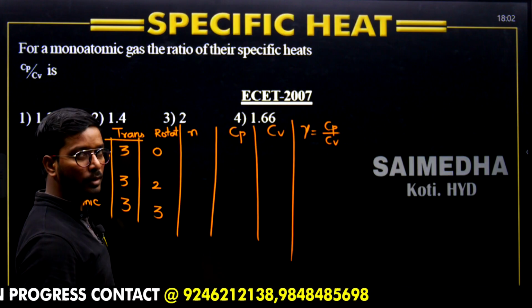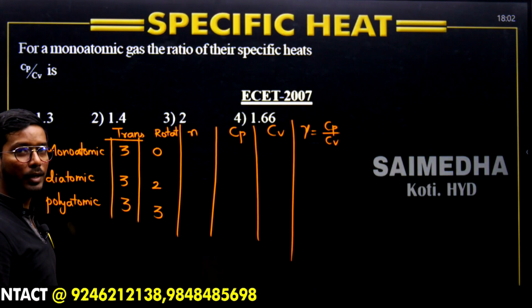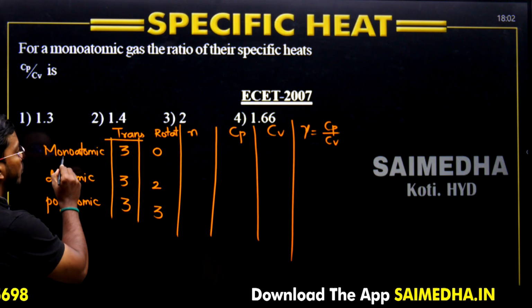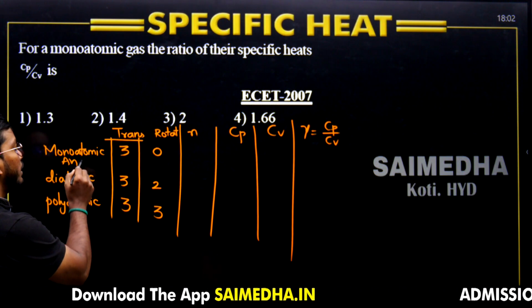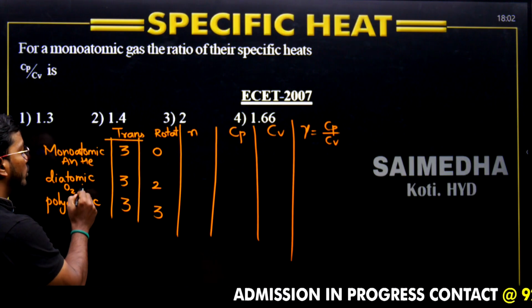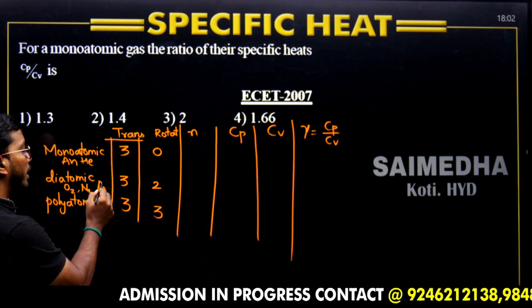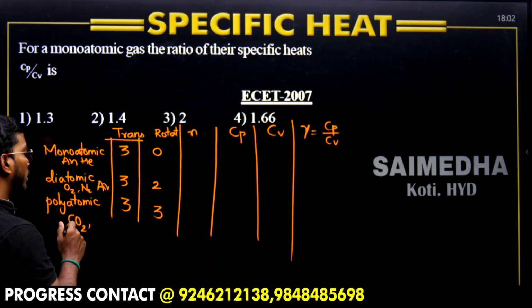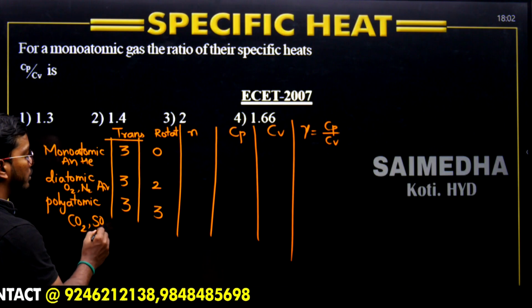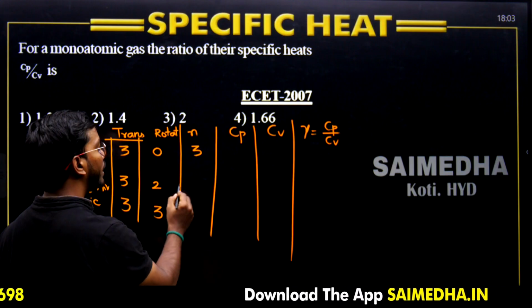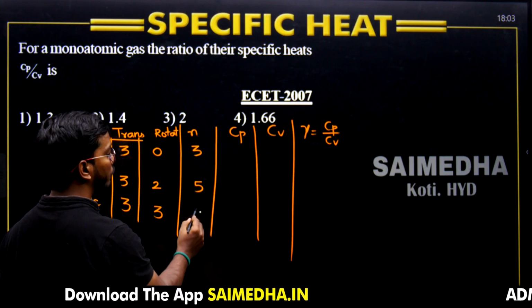Okay, there are 3 translational degrees of freedom irrespective of the type of gas. Monoatomic gas examples are argon, helium, whereas diatomic gas examples are O2, N2, air. Air is also a diatomic gas. Polyatomic gas, we can say oxides of carbon, carbon dioxide, sulfur dioxide, more than 2 atoms. Total degree of freedom 3, total degree of freedom 5, total degree of freedom 6.